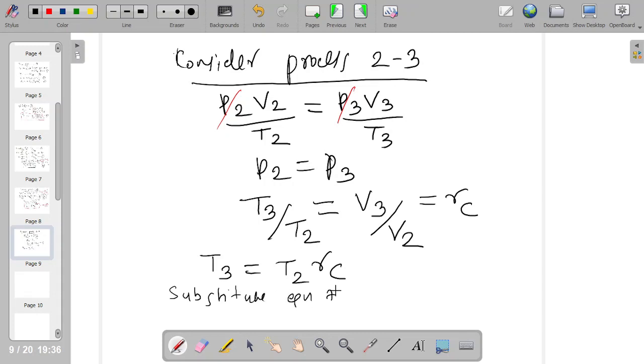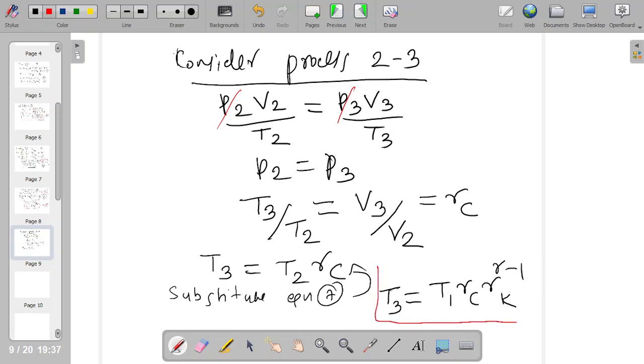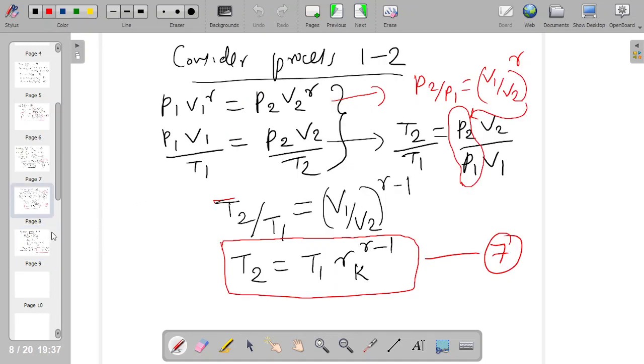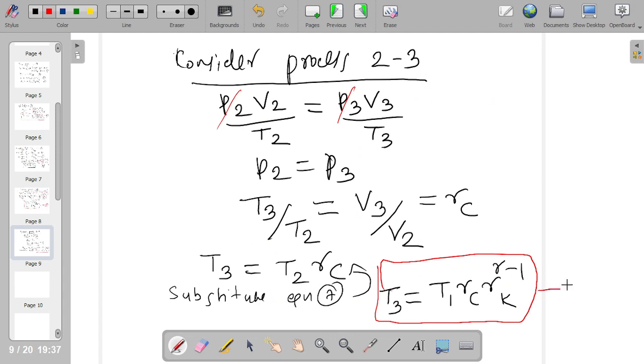Substituting equation 7 in this, we get T3 equals T1 Rc Rk raised to gamma minus 1. This will be our next equation connecting temperatures, equation 8.